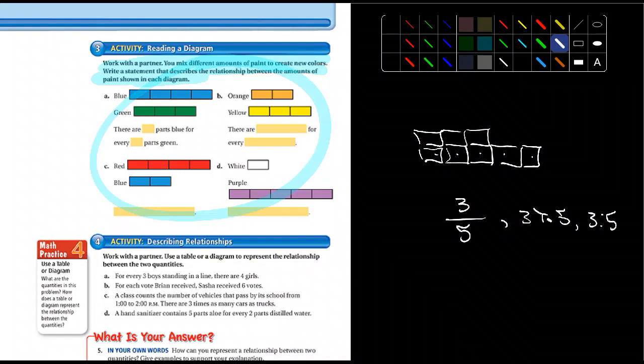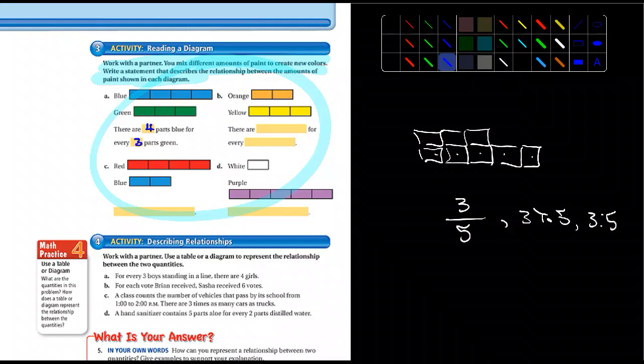So you can see here in A, it says there's 4 parts blue to 3 parts green. And in B here, the orange, there's 2 parts orange to 3 parts yellow. And they ask you down below here, going back to A, there are 4 parts blue for every 3 parts green.